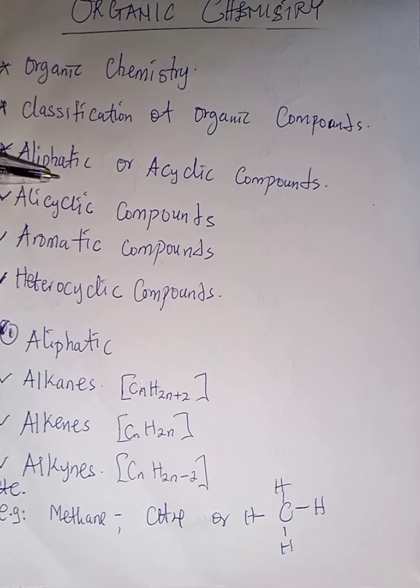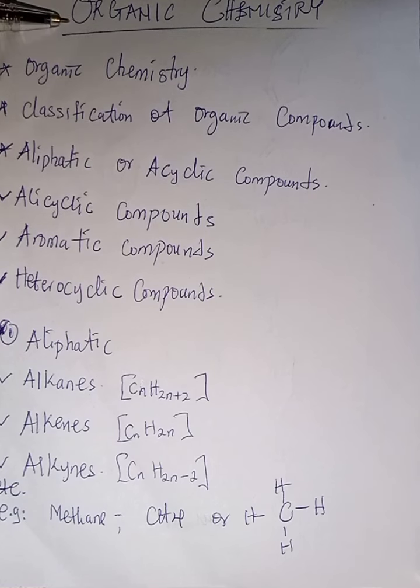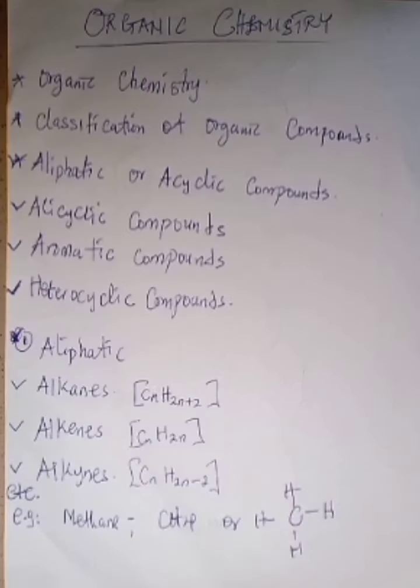So anything that is in the form of a straight line or has any branch at all, we call it an acyclic compound. Anything in the form of what? A straight line, any compound in the form of a straight chain or branched chain. We have branches or just a straight chain, we call them acyclic compounds.